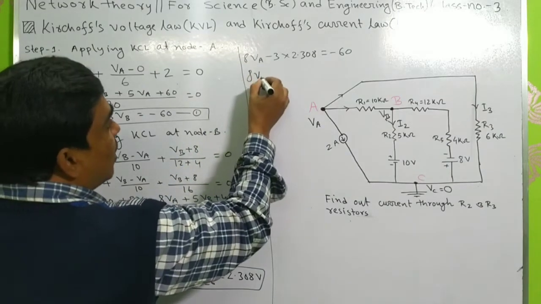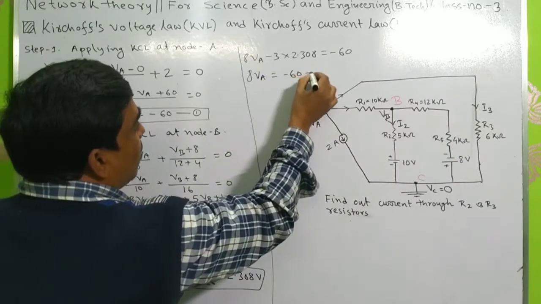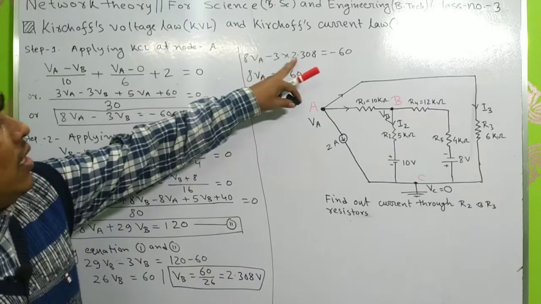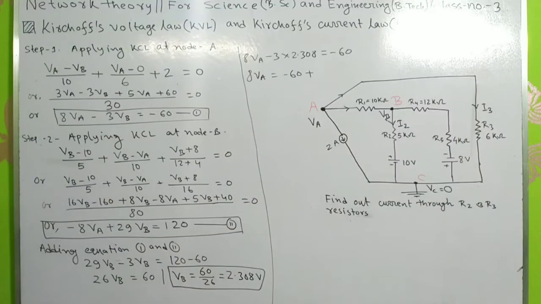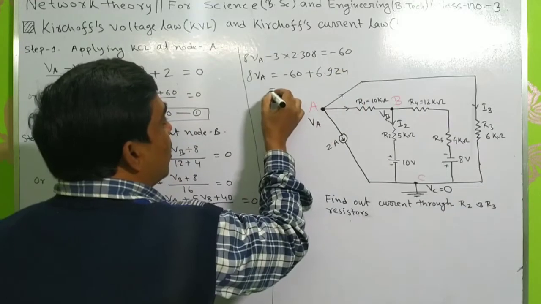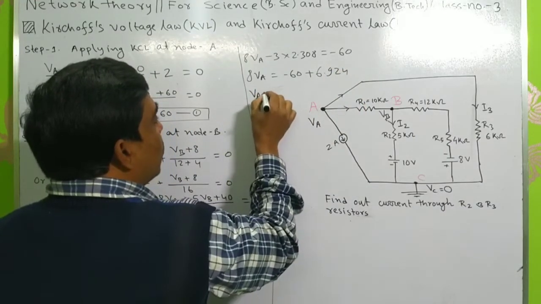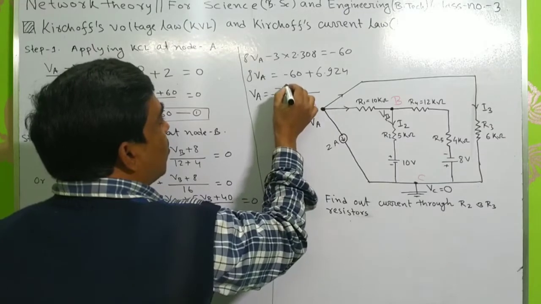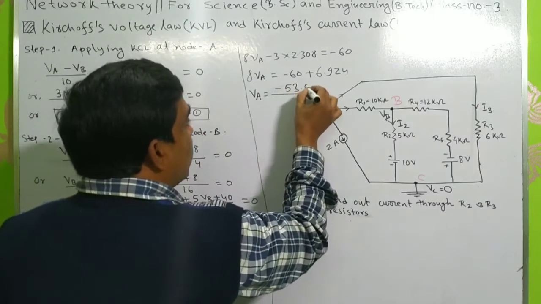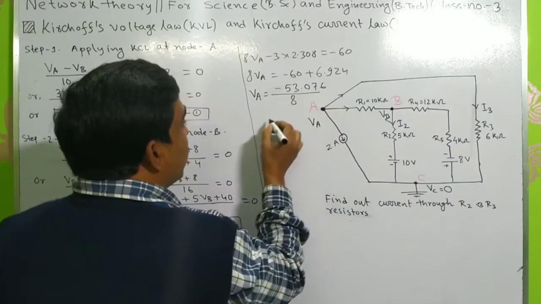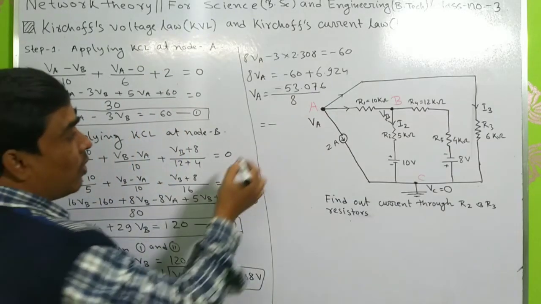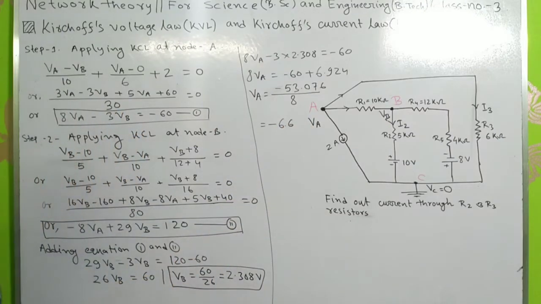So 8 VA equals minus 60 plus, if I multiply these two values, 3 multiplied by 2.308, it will be 6.924. So VA will be minus 53.076 divided by 8. So it will be minus 6.635.